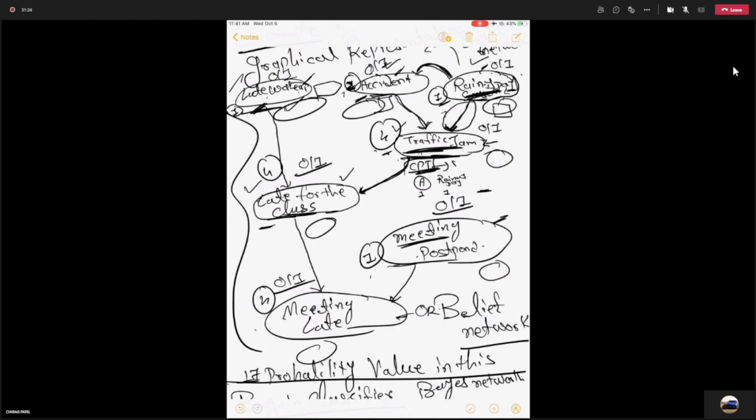All of this leads to a certain decision, but these are the causes, and they lead to the decision that you are reaching late to the class or not.